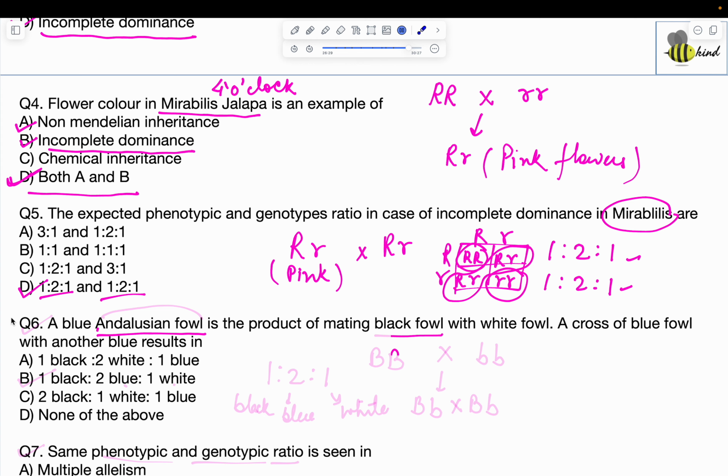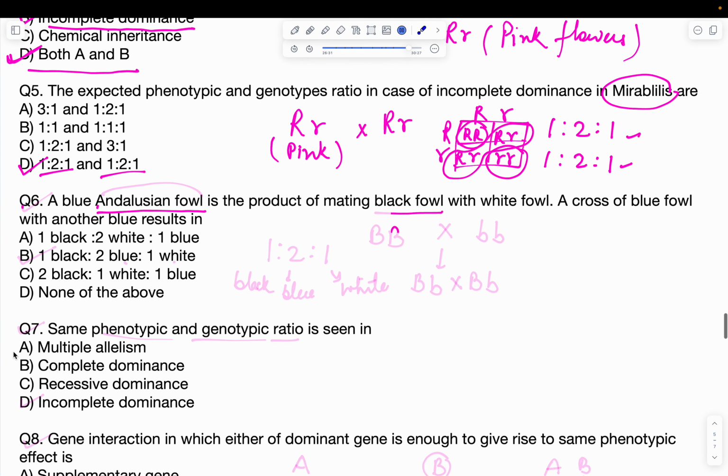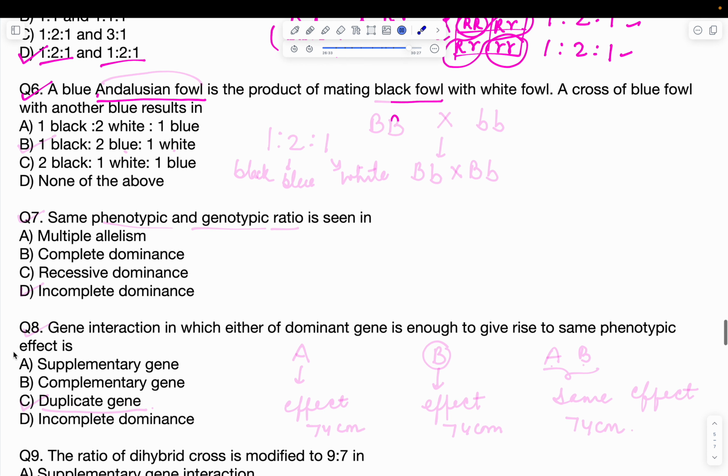Then the next question is question number 6. A blue Andalusian fowl is the product of mating a black fowl with a white fowl, so it has produced a blue fowl. And a cross of a blue fowl with another blue fowl, so this is the case of incomplete dominance.